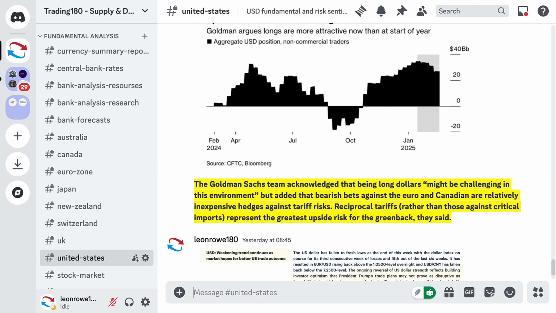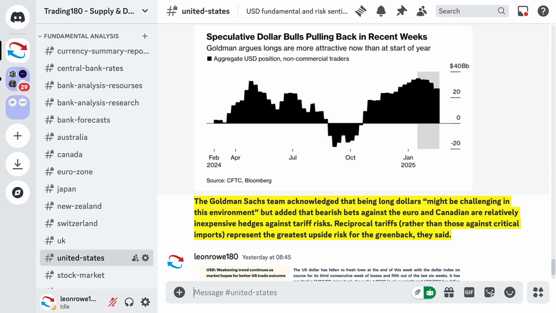It says here that the Goldman Sachs team acknowledged that being long dollars might be challenging in this environment, but added that bearish bets against the euro and Canadian dollar are relatively inexpensive hedges against tariff risks. Reciprocal tariffs, rather than those against critical imports, represent the greatest upside risk for the greenback, they said.